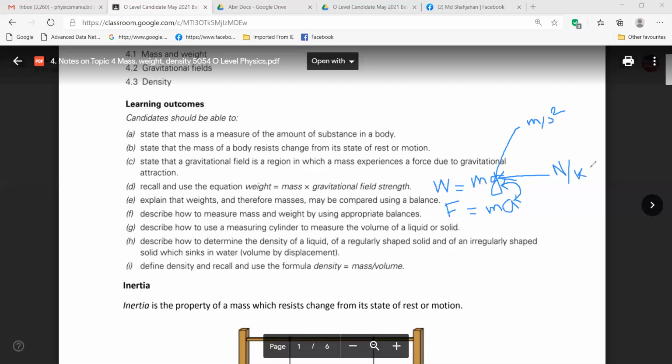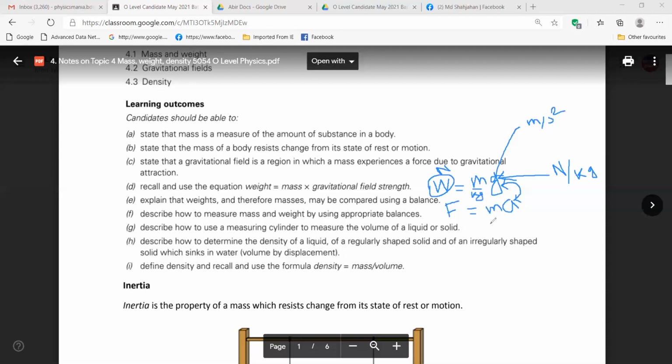How Newton per kg? Because, sir, weight is measured in newtons, right? Yes, so Newton is here. Then mass is measured in kg, right? Yes. That's why g is coming Newton per kg, right?